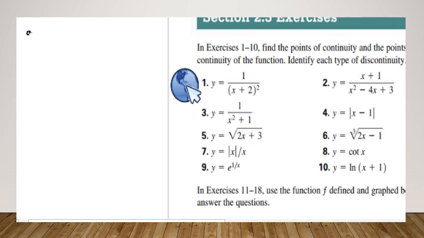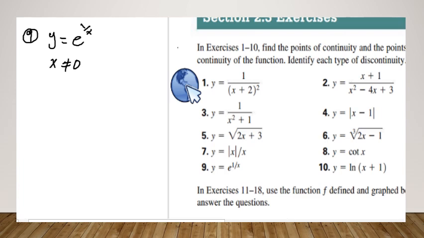Regarding question number 9, of course, since y is equal to e power 1 over x, I can't replace x with 0. So I'm sure that 0 is a point of discontinuity.